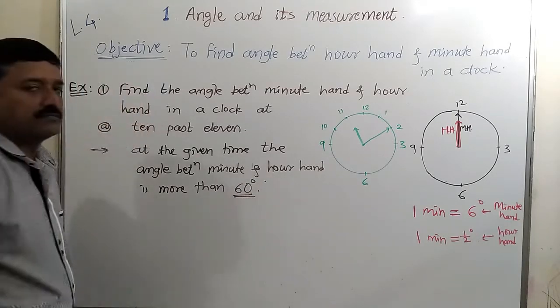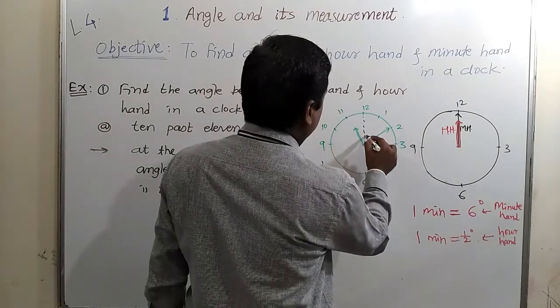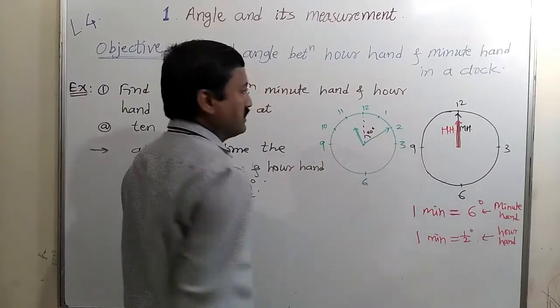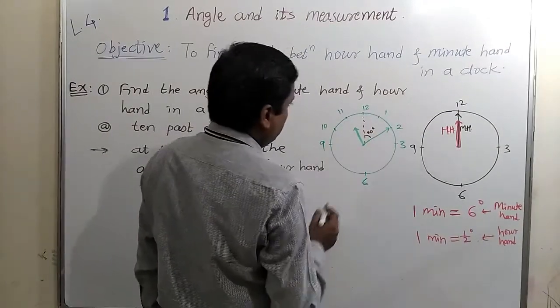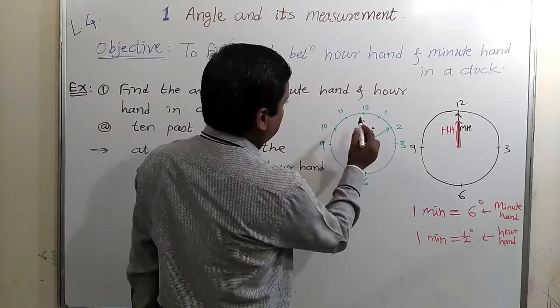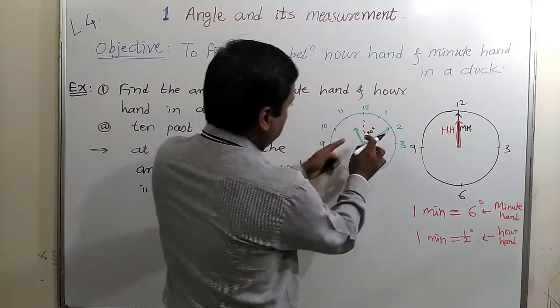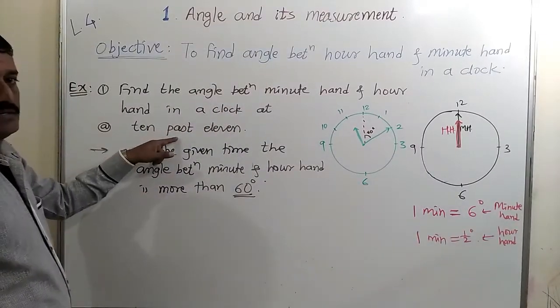First find this angle; this will be 60 degree because the minute hand covers these 2 parts. So the angle will be more than 60 degree. Again, here the hour hand covers 10 minutes because it is 10 past.